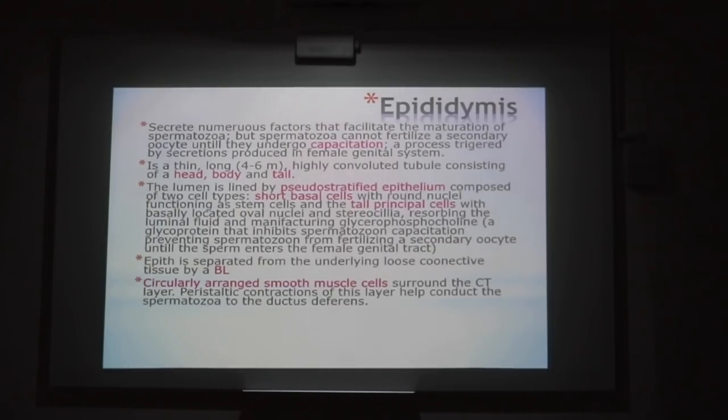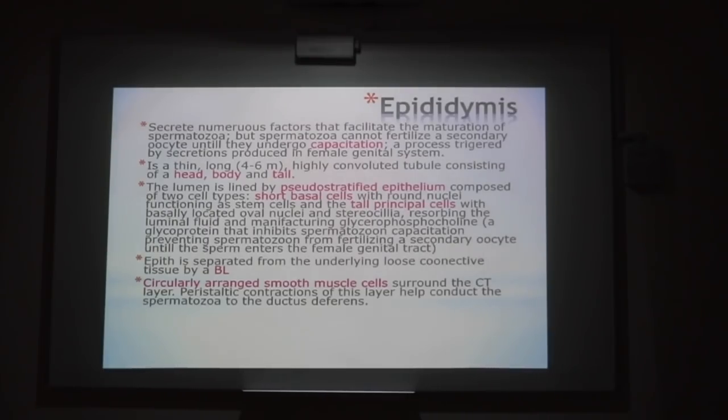As we go towards the tail, you have three distinct smooth muscle layers, two longitudinal and one circular, resembling the vas deferens.